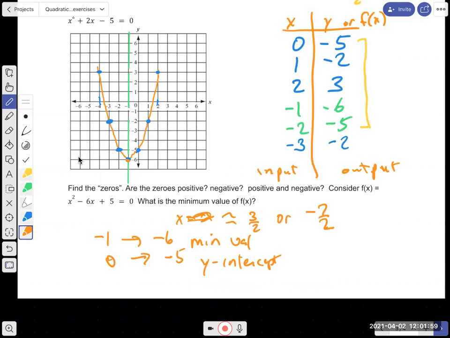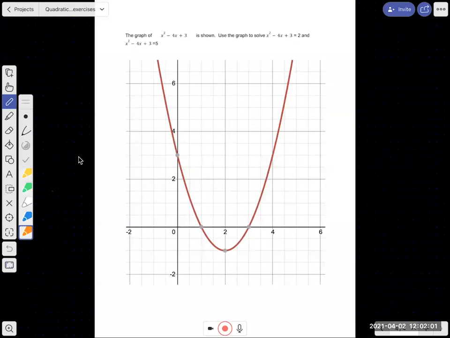Okay, so next, we're going to use this graph to say, what's my x when I have a certain y? Let's see, what does x have to be for y equals 2? To do that, we're going to draw a line through here. So this is y equals 2. And then we'll go down and say, what were the x values?